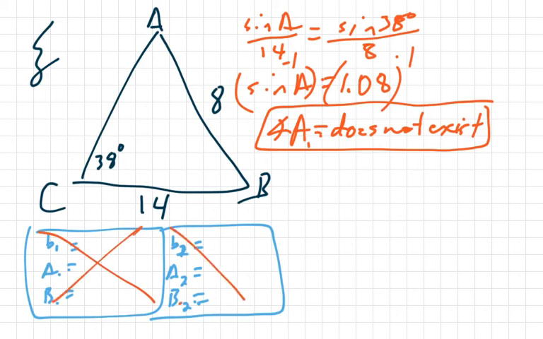Well, we're done. If you don't have a second angle, that means it doesn't happen. So there is no triangle in the universe where this information, a 38 degrees across from an A and another side of 14, can happen. So ambiguous? Sure. Doesn't happen.